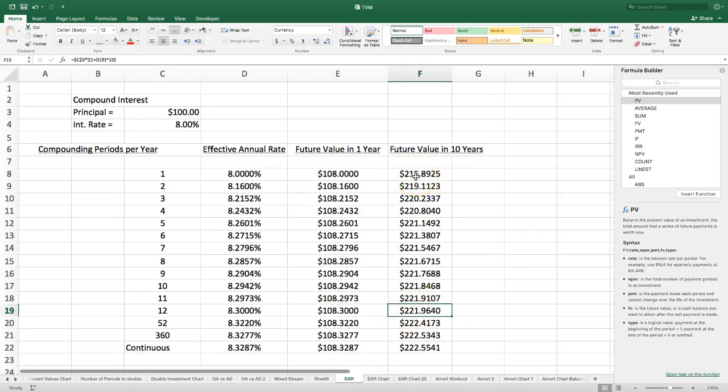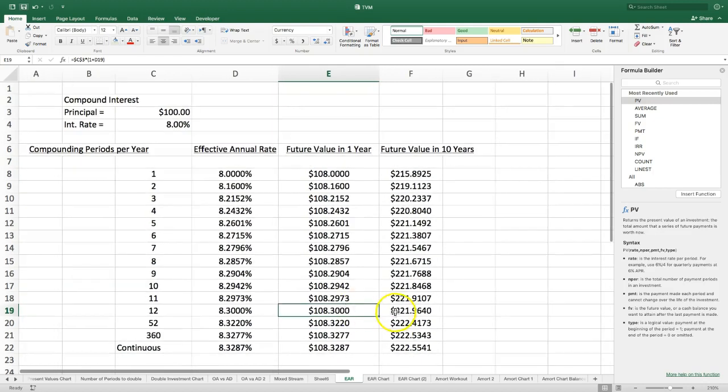So it begins to show up as we have more compounding periods and longer periods of time than it does when we just have a single period in time, so just 1 year. So the difference between compounding once per year and compounding 12 times per year is relatively small if we're only looking at 1 year, and if we look at 10 years, we begin to see more of a difference.